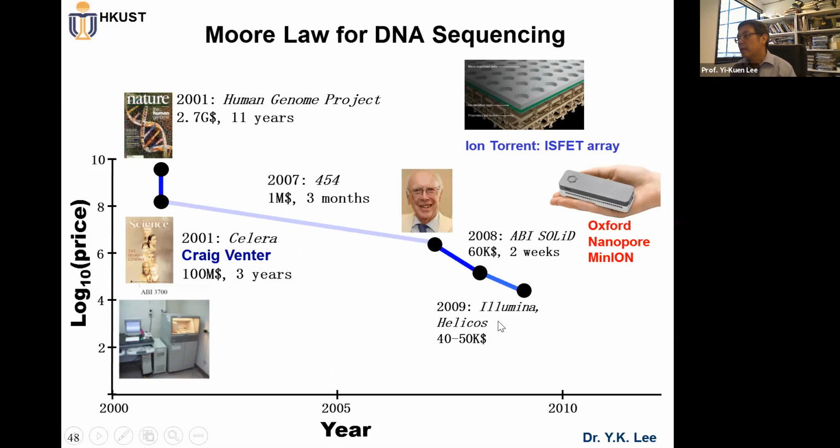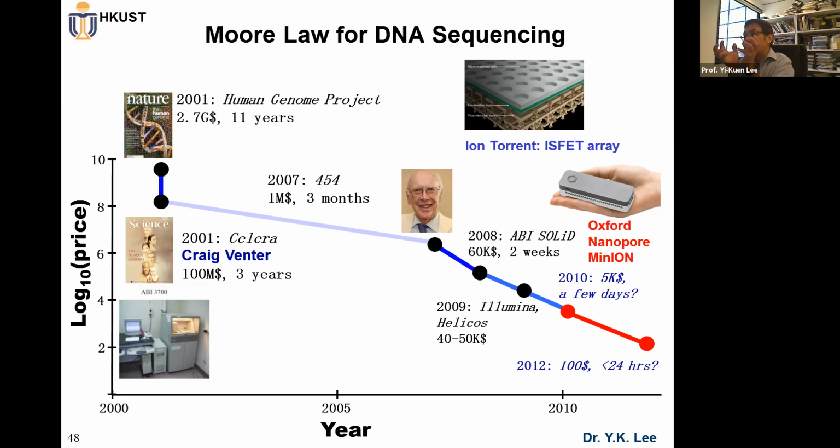Illumina is one of the number one companies to make this kind of flow cell microchannel, microfluidic device for DNA sequencing machines. And of course, there are other companies. There are many different ways people try to make this same kind of microfluidic device for DNA sequencing.